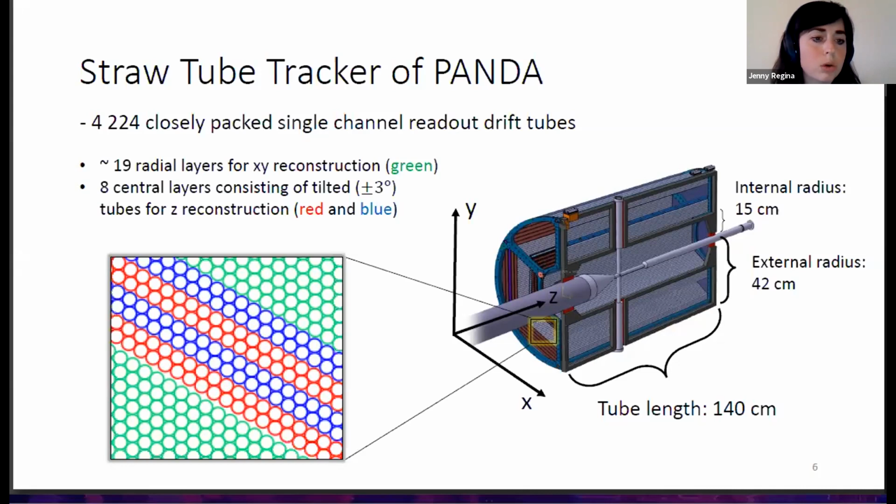We will have about 19 radial layers for XY reconstruction, marked in green in this picture, and 8 layers of tilted tubes with plus minus 3 degrees for the Z reconstruction. These are the red and the blue tubes.